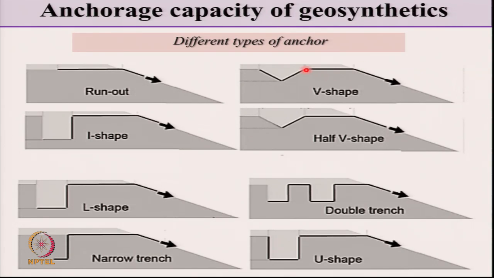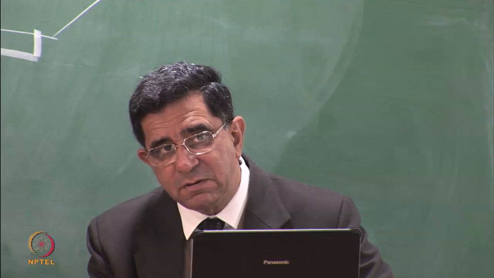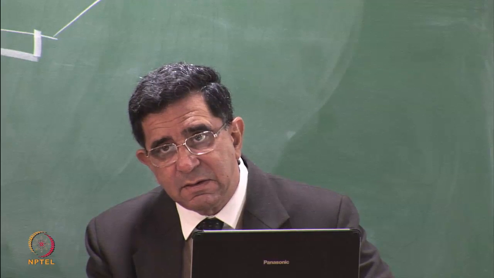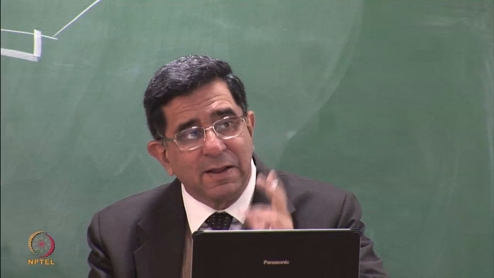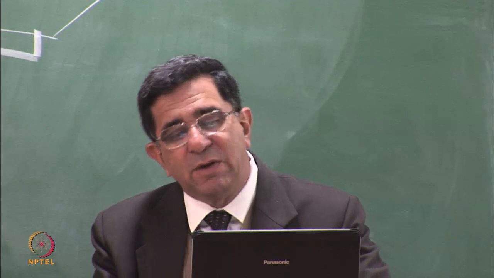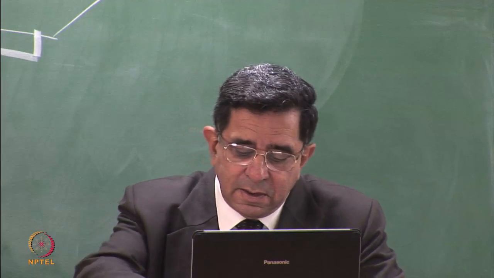Then V shape, half V, double trench, U shape. So these are the kind of anchorages which you can try. It's not very simple to bend these thick geomembranes. Do remember that they are not like thin things, like cloth, that can be bent, but they do bend and you can do the anchorage.